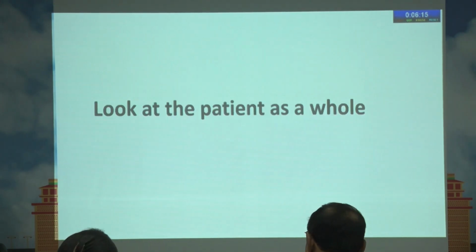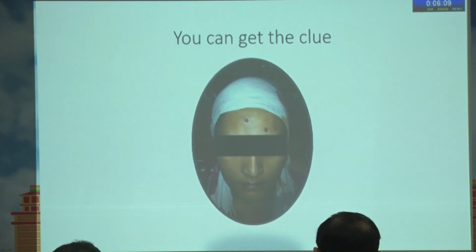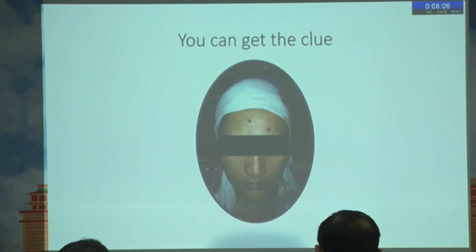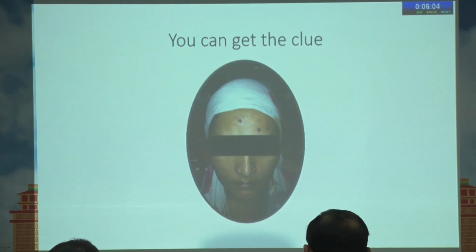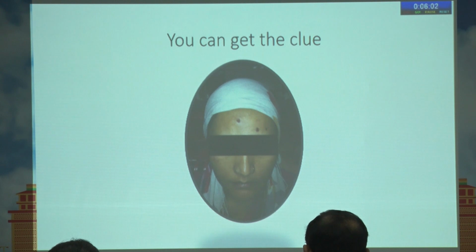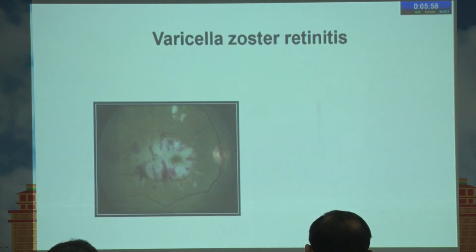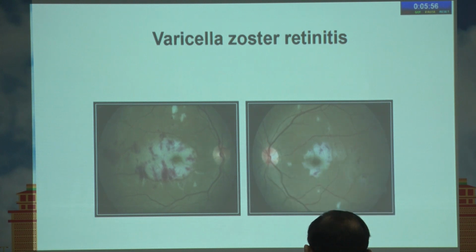It's not difficult. If you look at the patient as a whole, you can get the clue. And what is the clue here? The patient's forehead had vesicles, herpes zoster vesicles, and the patient had actually varicella zoster virus retinitis.